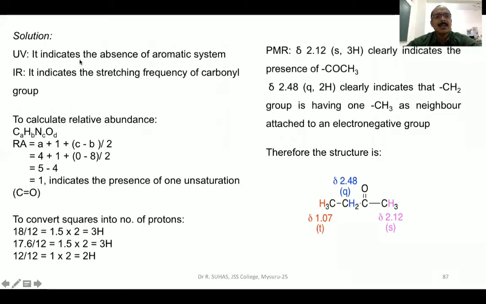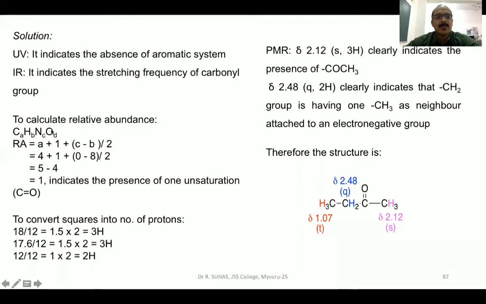UV, as I said, indicates the absence of an aromatic system. IR indicates the stretching frequency of a carbonyl group. Now, whenever the molecular formula is given, you have to bear in mind that you have to calculate the double bond equivalent. The formula for a compound CaHbNcOd is a plus 1 plus c minus b by 2.